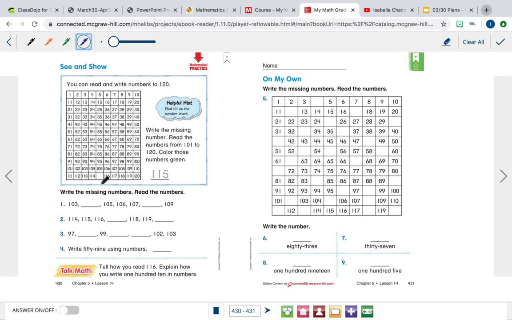And we're going to count from 101 all the way to 120. Are you ready? Oh, and we're going to color the numbers green. Ready? 101, 102, 103, 104, 105, 106, 107, 108, 109, 110. 111, 112, 113, 114. What's our missing number here?